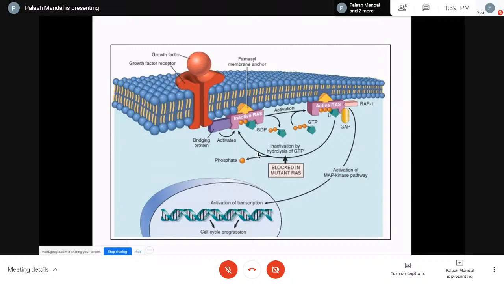Okay, now this active RAS leads to further signaling to the mitogen activated pathway, that MAP kinase pathway. Okay, mitogen activated protein kinase pathway. So these are the ways how inactive RAS becomes active and further leads to the proliferation or transcription in the cell cycle.